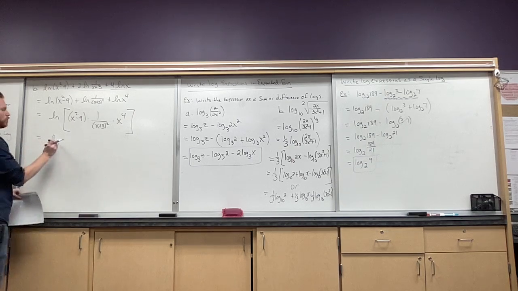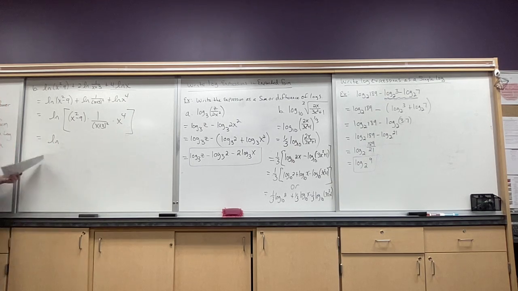Now, what should we do next? Well, here's what I'm thinking. That x squared minus 9, do you think that's factorable? Kind of is, right? Because the first and last numbers are perfect squares, and there's no middle term. So it's the same factor twice, but just plus and minus.